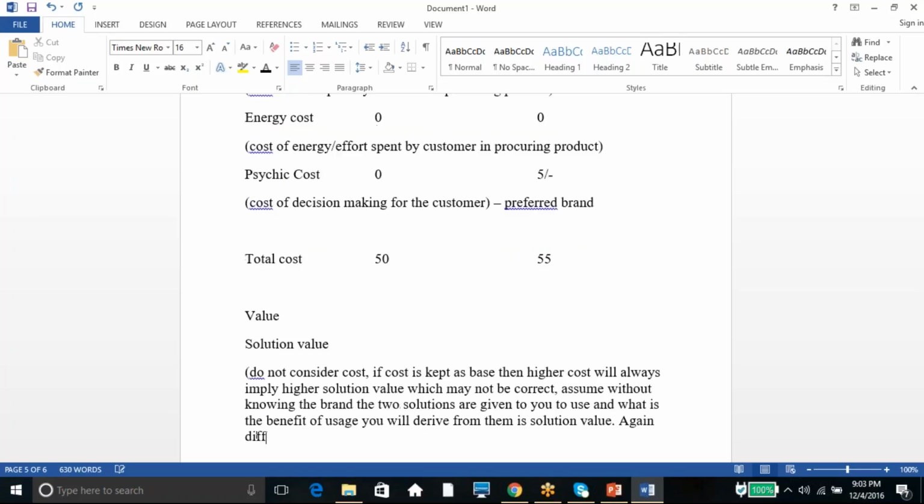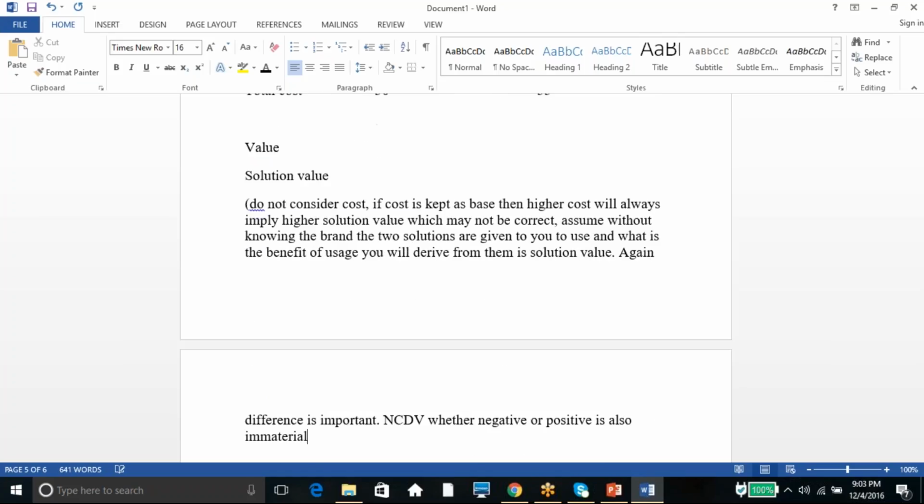Again, difference is important. NCDV, whether negative or positive, lower negative. Okay, so in the solution value, do not consider cost.